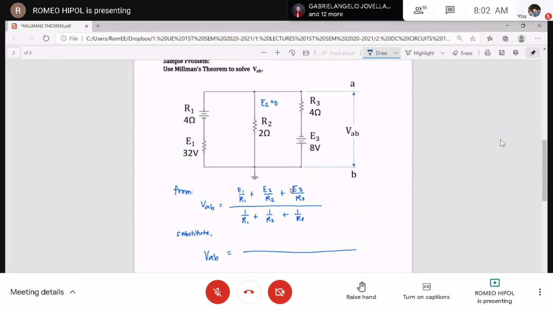So initially, okay, itong numerator natin, in terms of voltage, kasi importante yung polarity, tama?